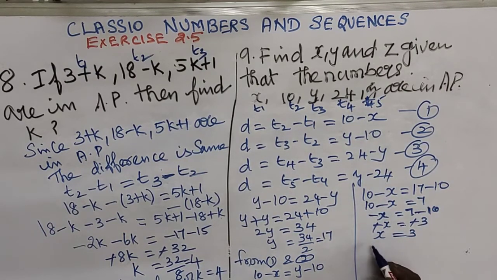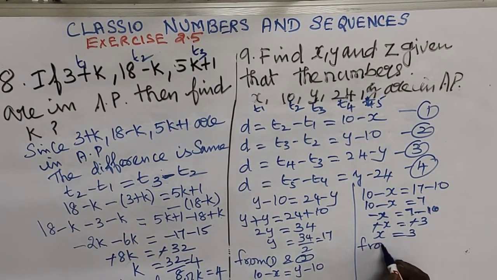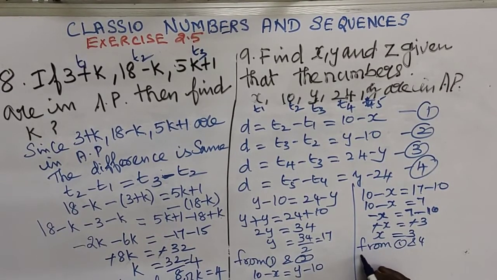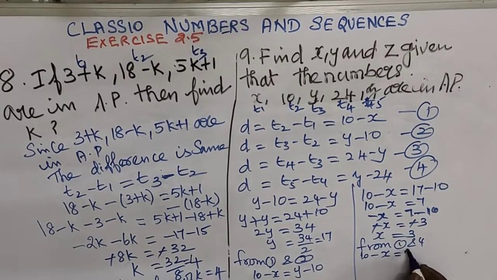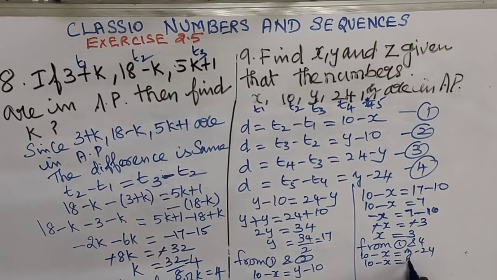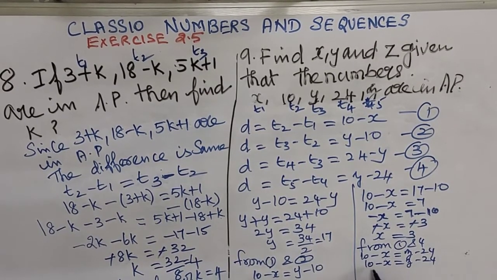Now we can compare 1 and 4. From 1 and 4, 10 minus x equal to z minus 24.